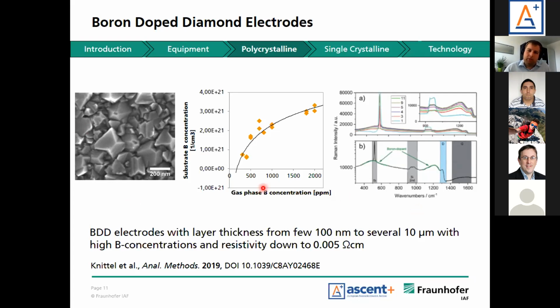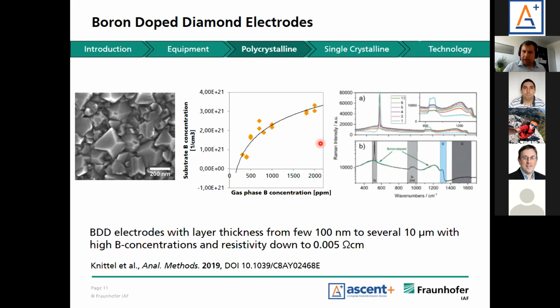Here we can do dopant concentrations up to 10^21, resulting in very low resistivities of about 0.005 ohm centimeter. And we can grow these from a few hundred nanometers to several tens of microns, and have also good characterization methods to get good insight into what the material looks like.